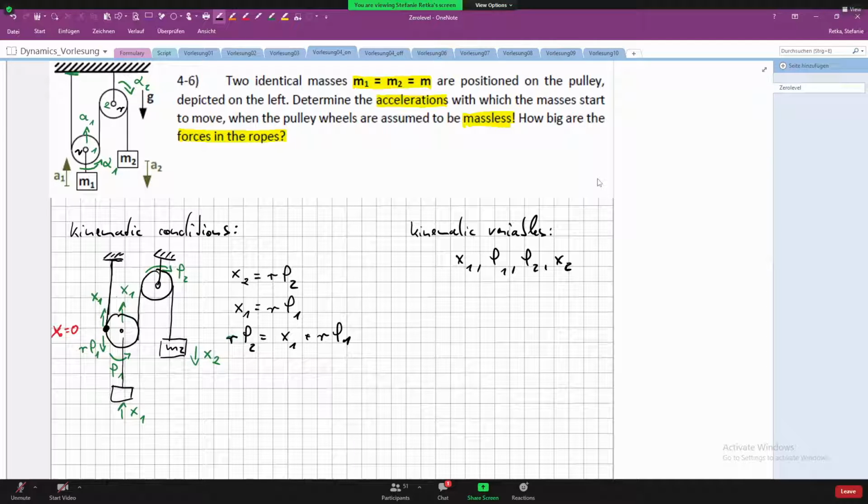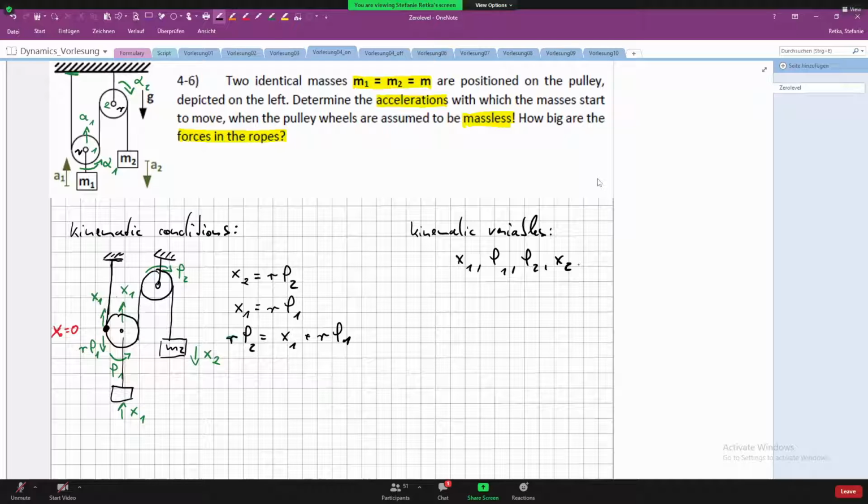Professor, can you explain again the last equation, r phi 2 equals x1 plus r phi 1? Yes, just a second. So we have 4 kinematic variables. And since this is a system in motion, we need 1 kinematic condition less than the number of our kinematic variables. In the specific case, we have 4 kinematic variables, so we need 3 kinematic conditions.